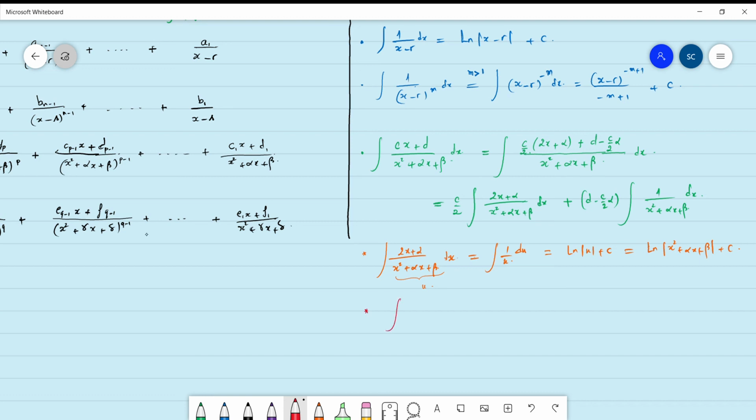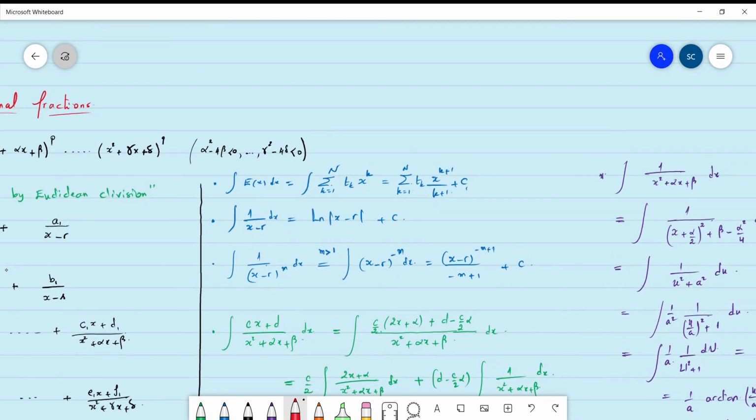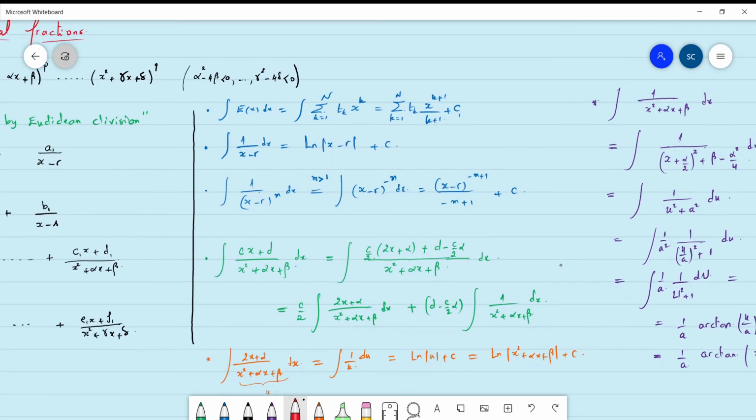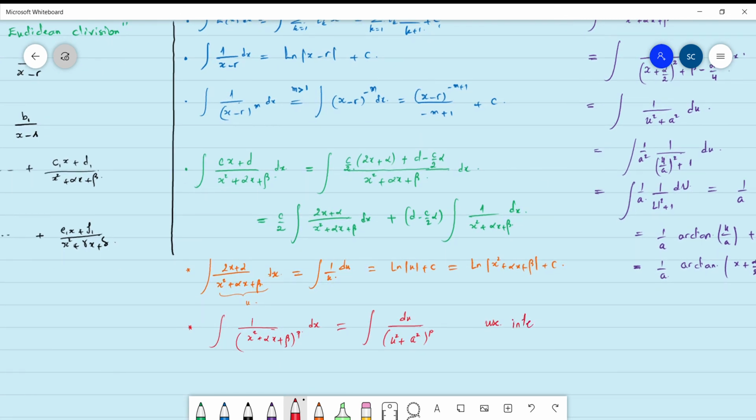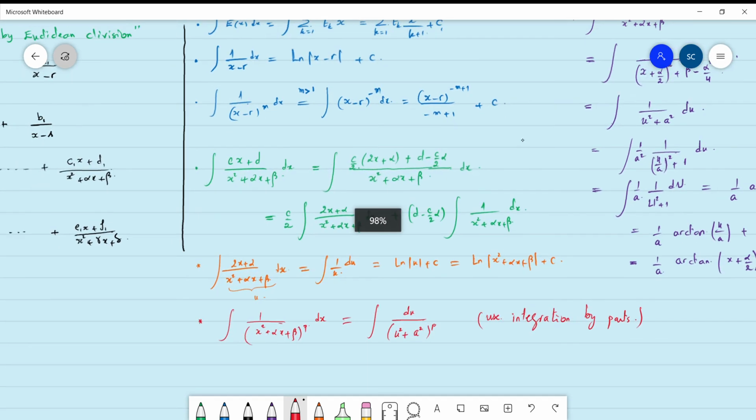We bring ourselves to something like a constant over (x squared plus alpha x plus beta) to the power p, and thus we transform it into the form du over (u squared plus a squared) to the power p, and we use integration by parts.